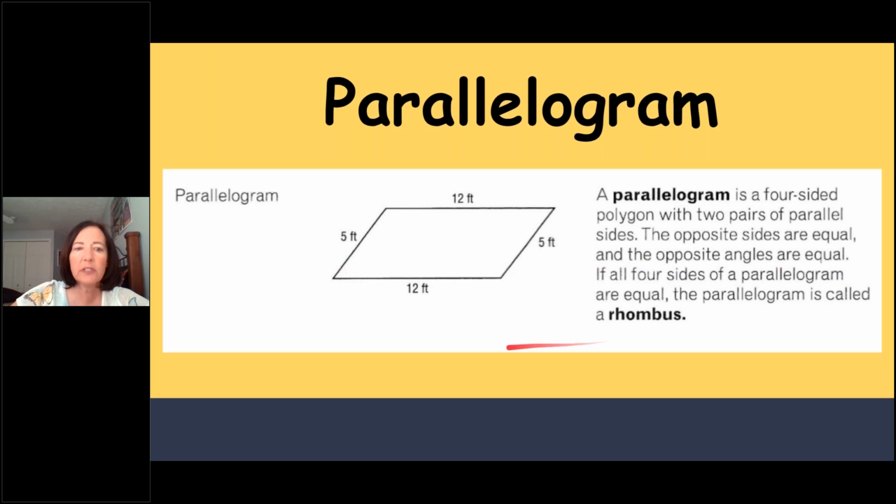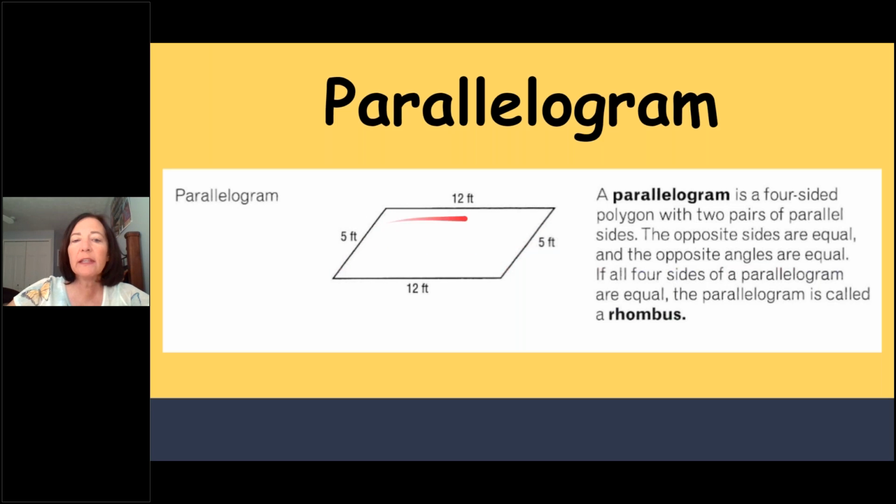No matter where we're talking about in the figure, the 2 parallel lines are always going to be the same distance apart. So in a parallelogram, we've got the top and the bottom are parallel, but also the left side and the right side are parallel.